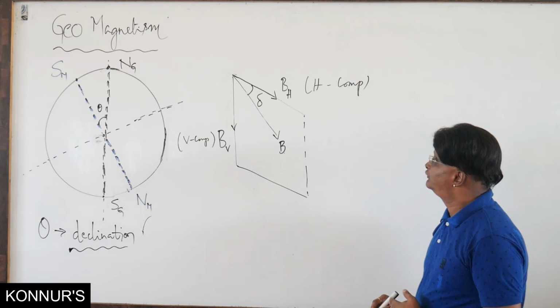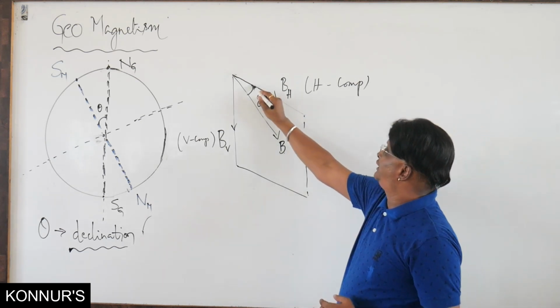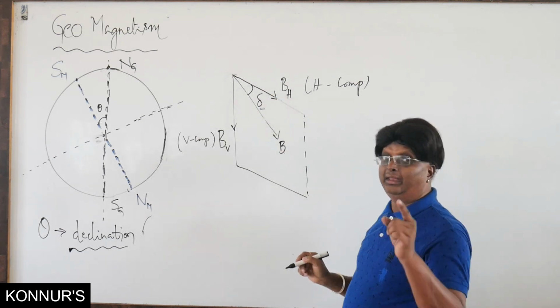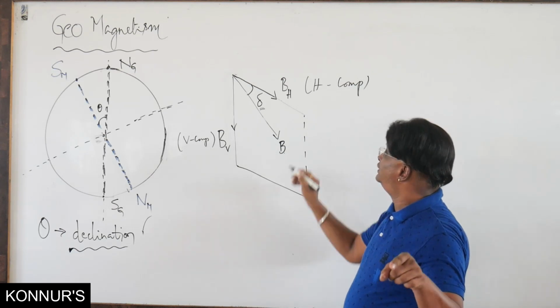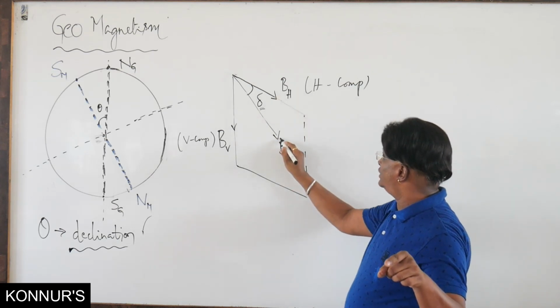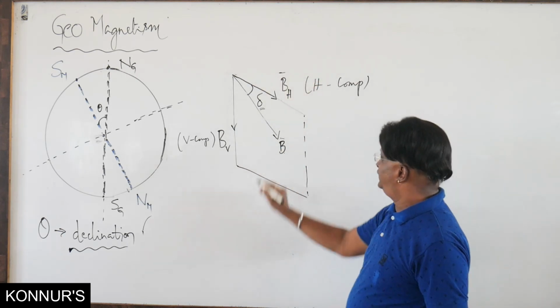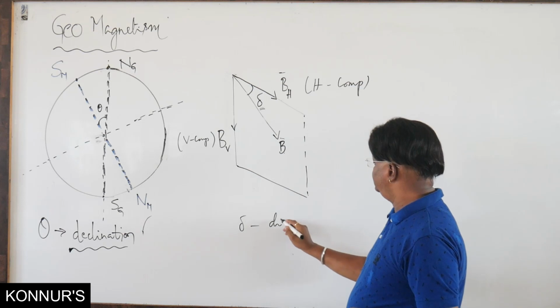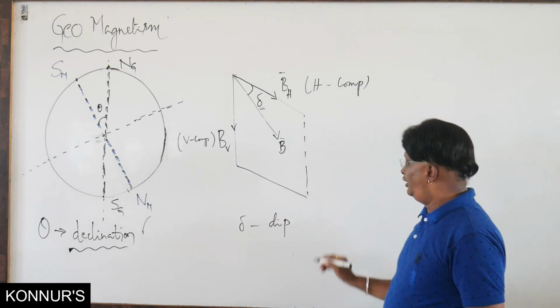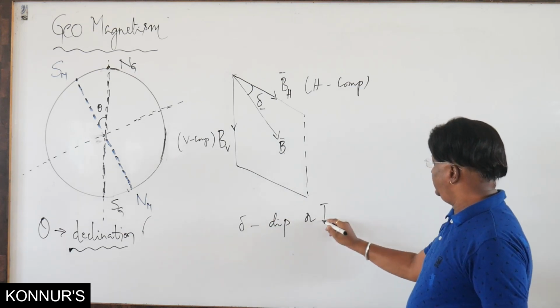magnetic induction. Now we will find that this angle, I am taking as some delta, an angle made by the B vector of Earth's induction with the BH vector, this delta is what is called the dip angle, also called inclination.